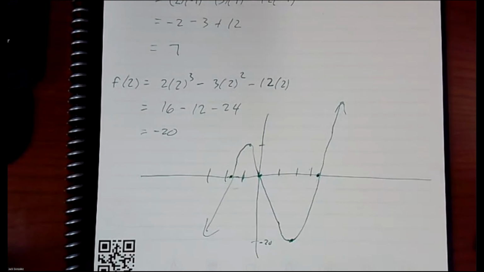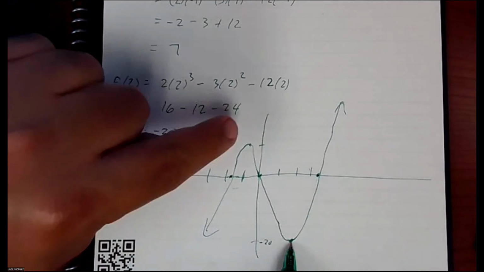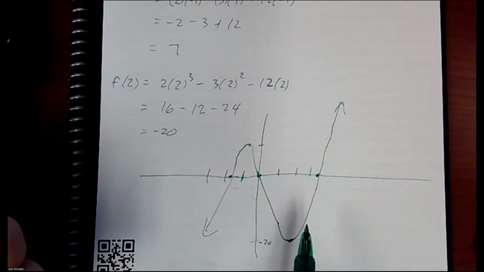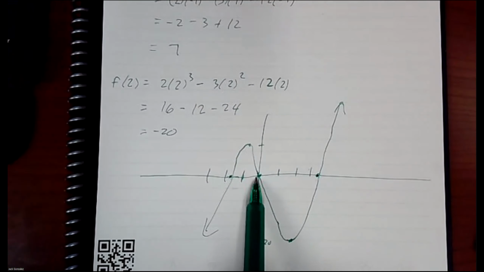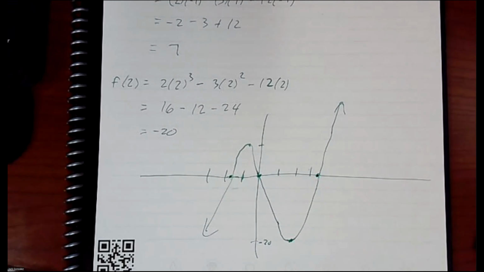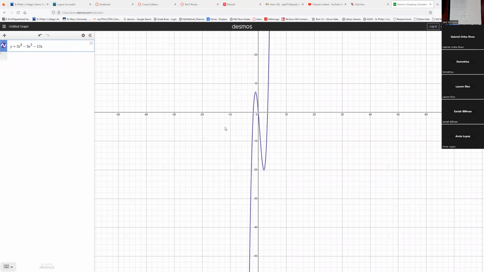So it looks something like this using the idea of max and min, intercepts, and inflection. So putting it all together, you should be able to sketch a pretty good approximation. Okay. And if you graph it, this is what I graphed earlier. It looks like this. So pretty close, right?